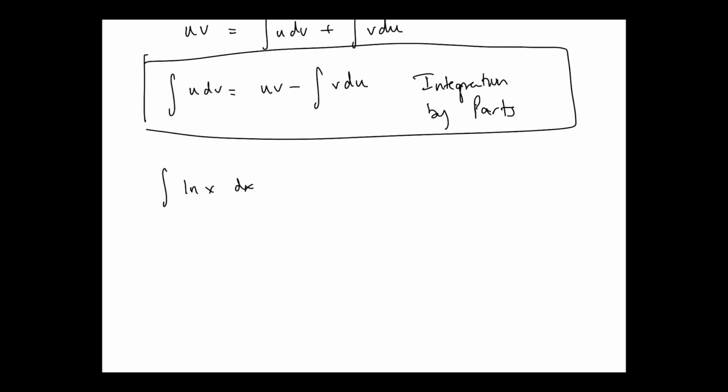Now, do we want to make dv equal to log x dx? I'll say no, because what do we need to know in the integration by parts formula? If we know dv, can we find v? How do we get from dv to v? Almost. Say which way?